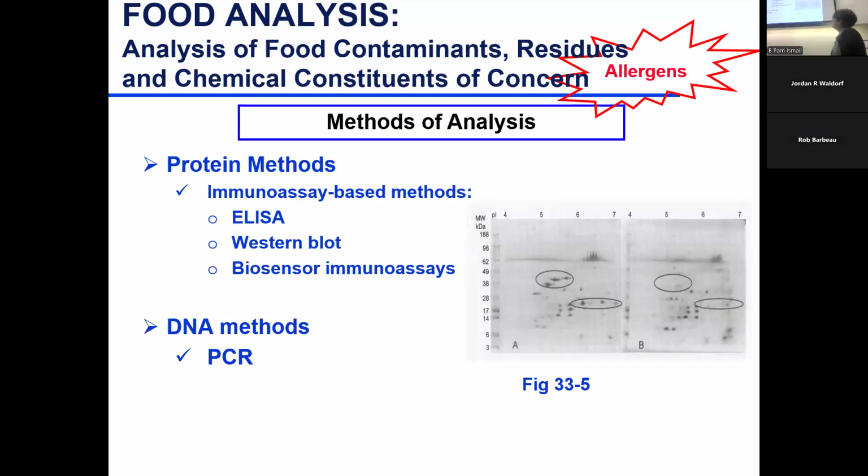The way we detect those, either immunoassays by ELISA or qualitative Western blot, or sometimes biosensors, where you have sensors with antibodies labeled that can be used. And these protein assays, they have this advantage because when you isolate the protein, depending on the method of isolation before you test, you may not isolate it properly.